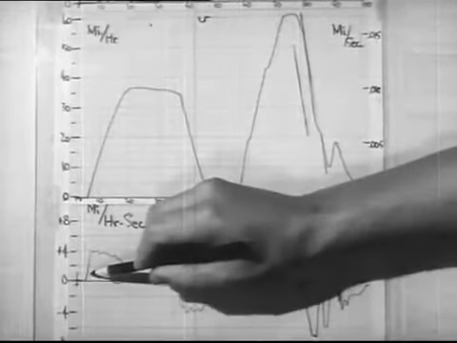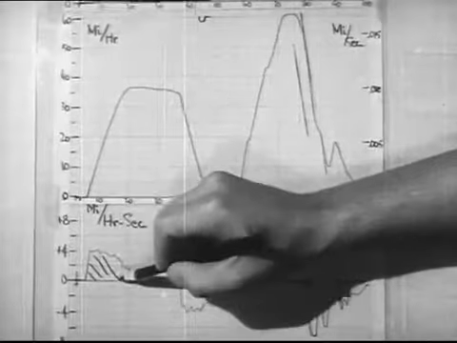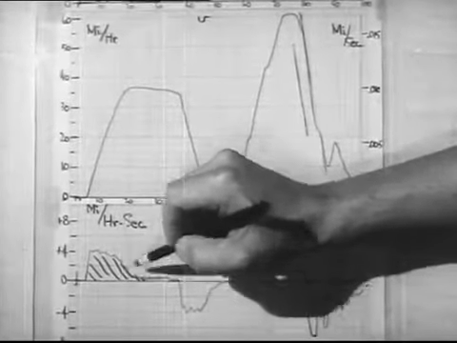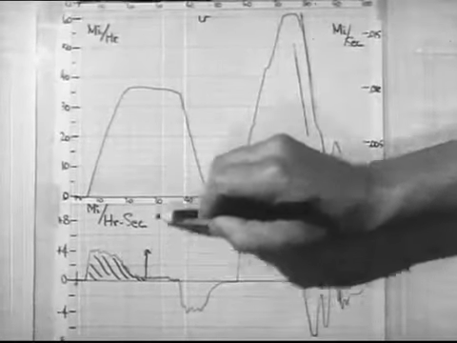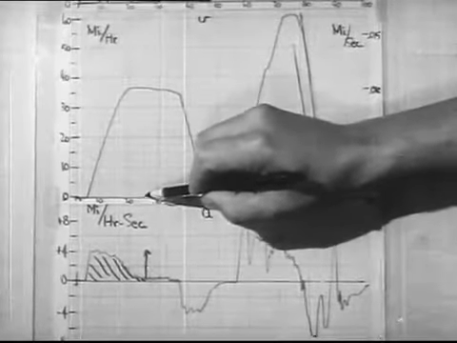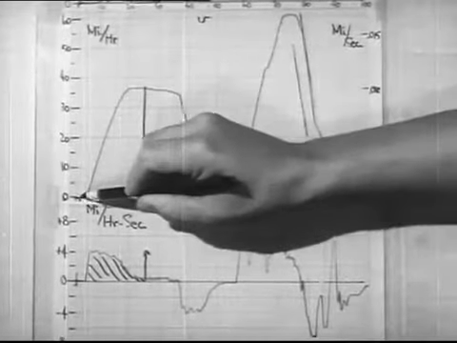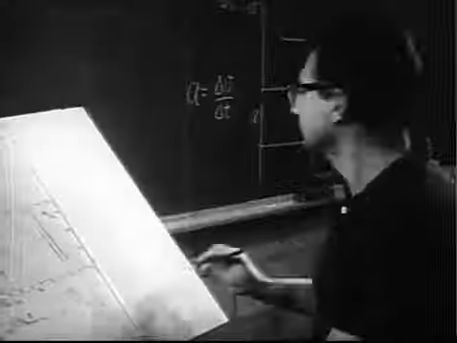In fact, the answer is that the area under this curve, say from the beginning out to here, gives me at the same time the change in speed from the beginning of the speed curve.